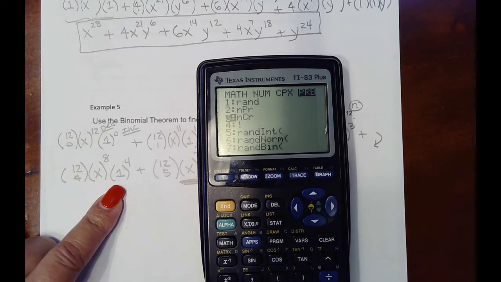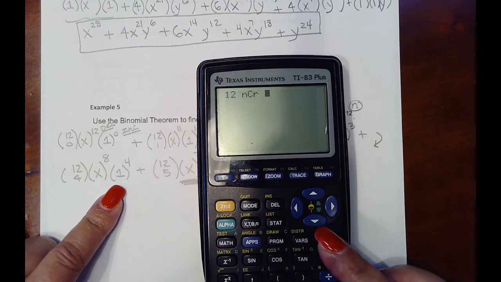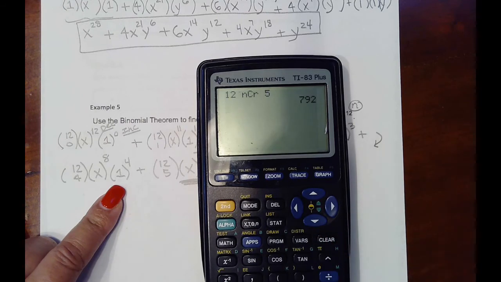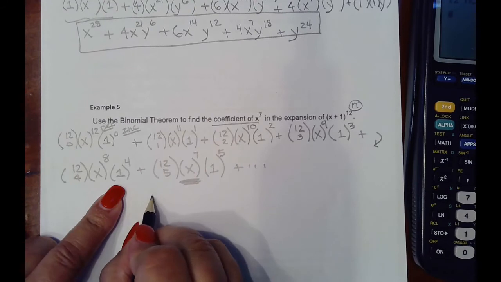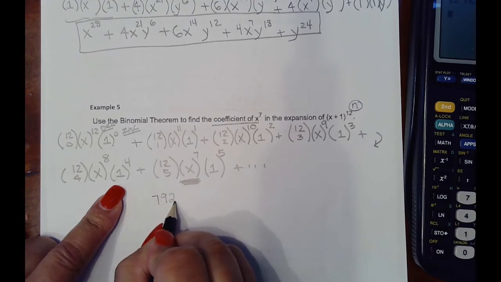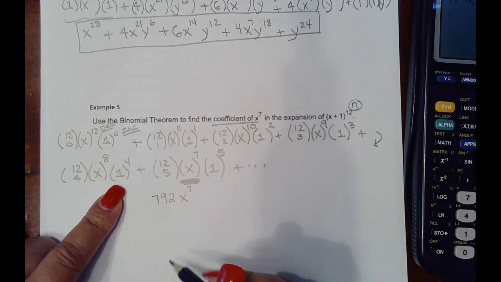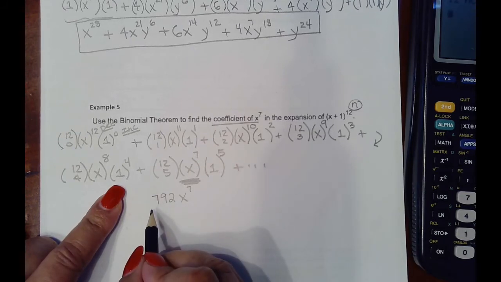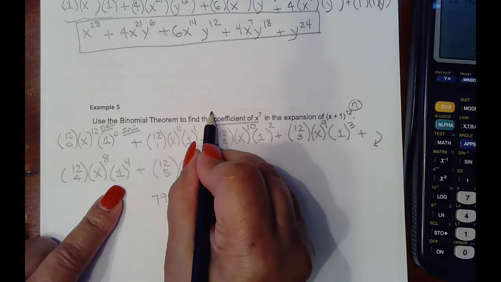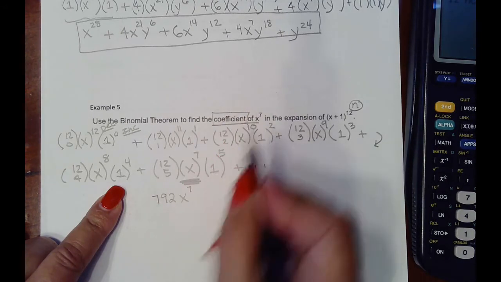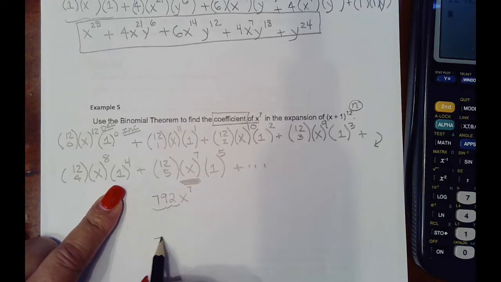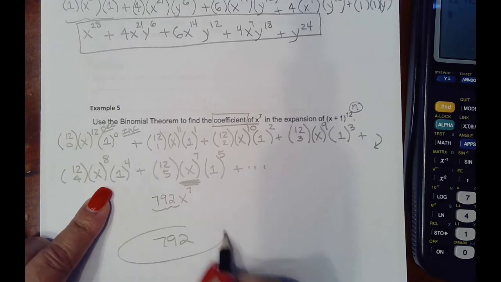Oops, missed it. 792 times x to the 7th times 1. 1 to any power is 1. So what is the coefficient of the 7th degree term? There it is right there, 792.